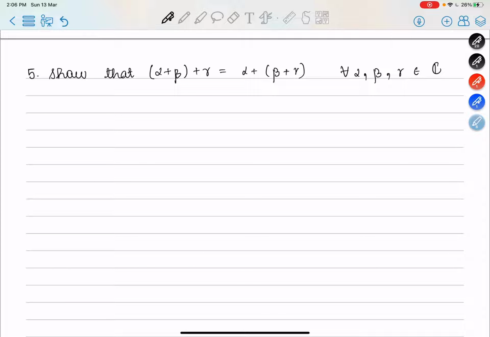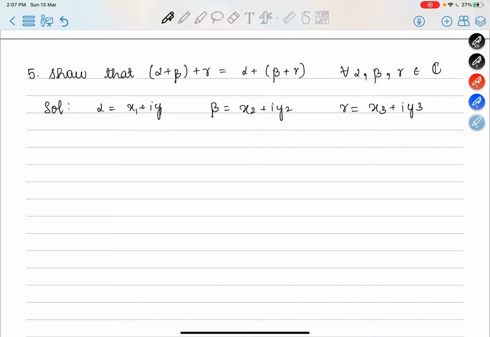The next problem is very similar to this, where show that alpha plus beta plus gamma equals alpha plus beta plus gamma, with the grouping changed. Here again, take alpha to be x1 plus iy1, beta as x2 plus iy2, and gamma as x3 plus iy3.